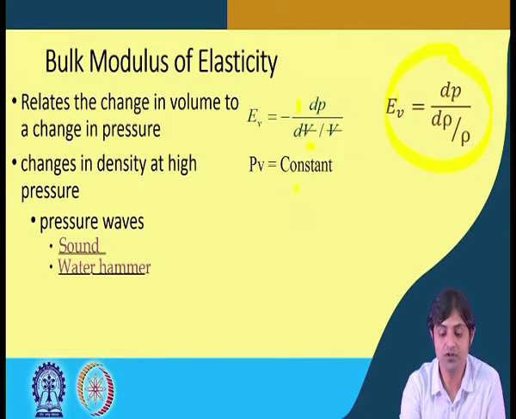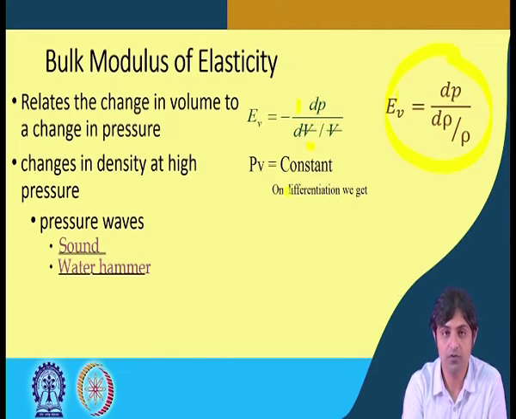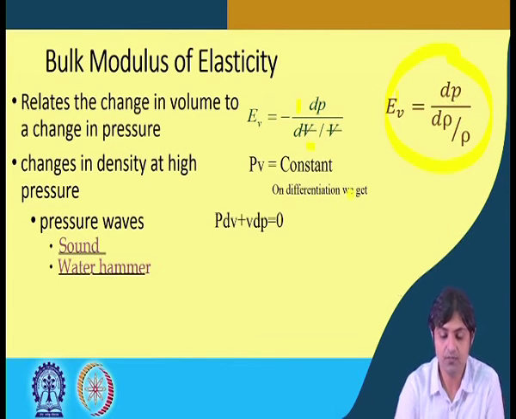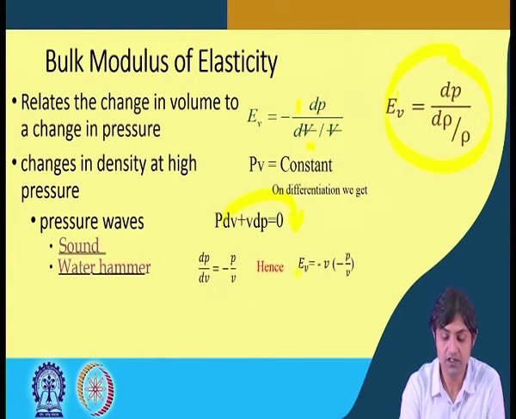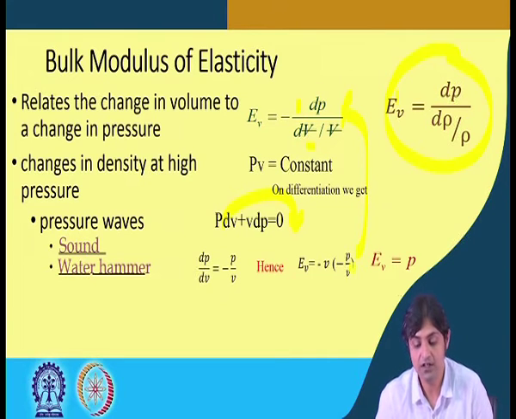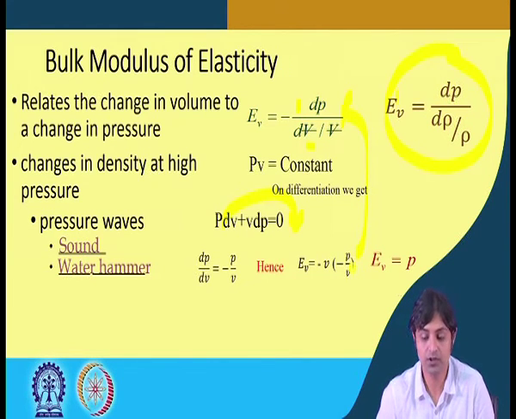So we already know PV is equal to constant. On differentiation we will get P dV plus V dP is equal to 0, and if you take P dV to the other side and do dP by dV, it comes out to be minus P by V. Hence E_V can be written as, if you use this equation and substitute the value of dP by dV, putting these two equations together we will get E_V as pressure in this case.